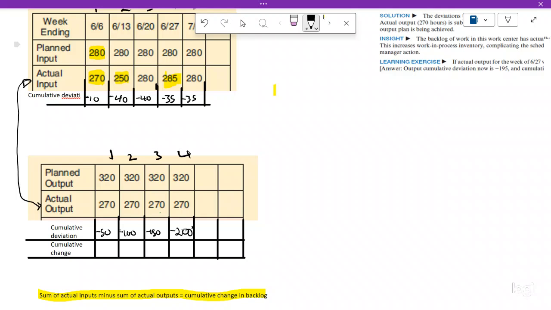Yes, the actuals, the real deviation now. So input minus output, which is 270 minus 270, we're getting 0 again. Then 250 now minus 270, we're getting negative 30.